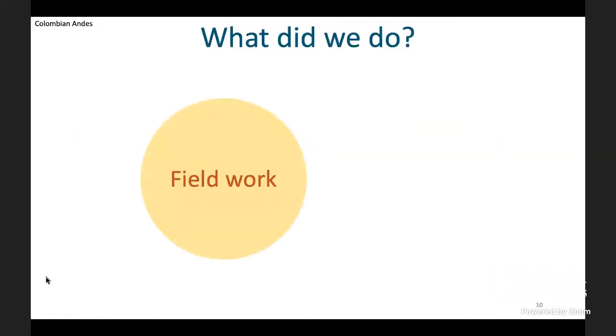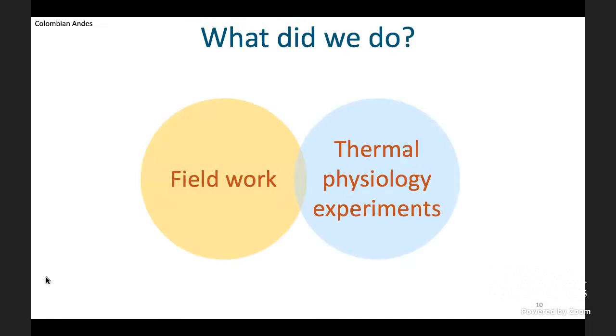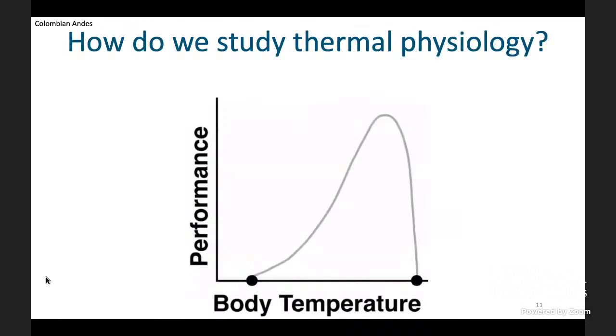And how I did this: again, I went to the field for 2 months and I did a bunch of thermophysiology experiments. How do we do this? Basically, we use the performance curve, with body temperature and performance. Performance can be sprint speed, respiration rate, and any other trait that measures performance.